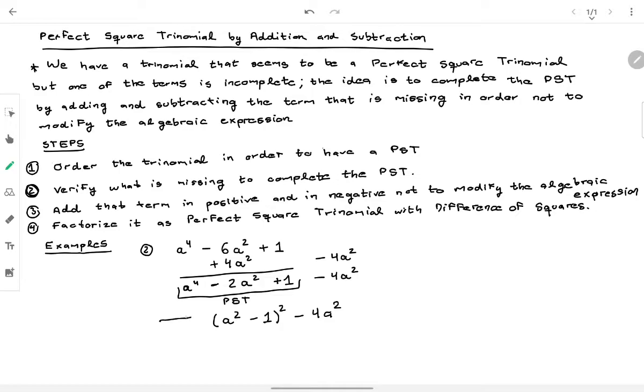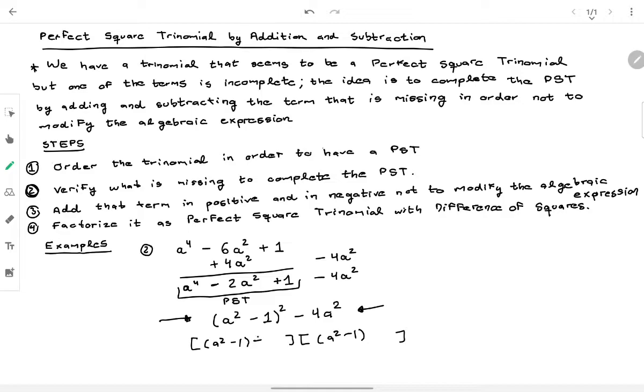So now what I have here, it's a difference of squares. So I can do it like opening up a bracket, a squared minus 1, another bracket, a squared minus 1, because remember, the square root of the positive one, it's positive on both parentheses.